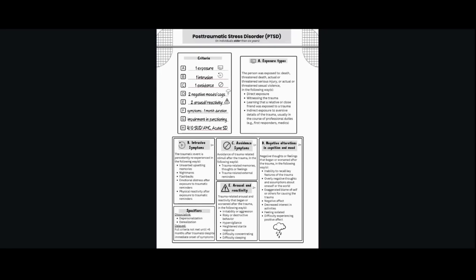Or we could see that their full criteria doesn't actually appear until after 6 months after the trauma, and that despite the immediate onset of some symptoms, they're not meeting full criteria. So maybe they're just really avoidant and isolative and have negative thoughts about themselves, but we don't see nightmares, flashbacks, or unwanted upsetting memories.